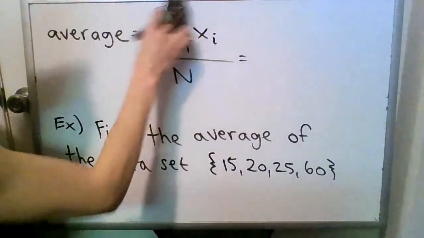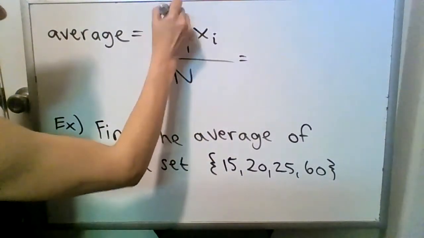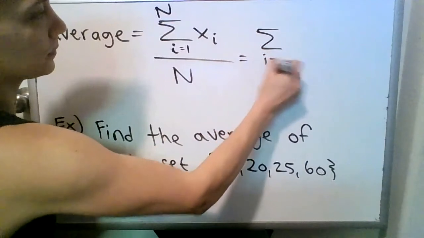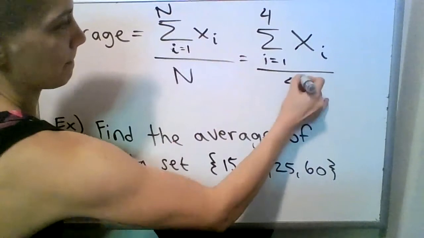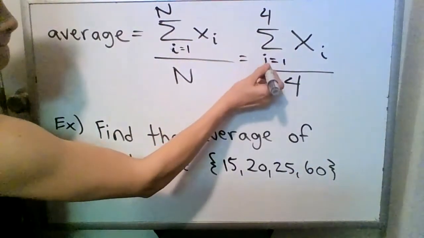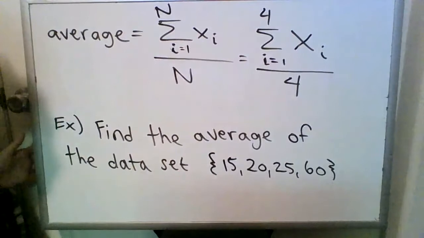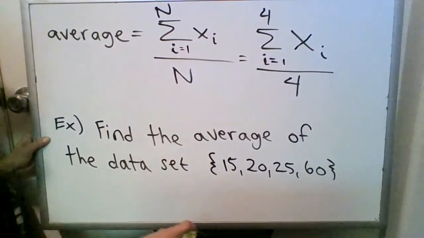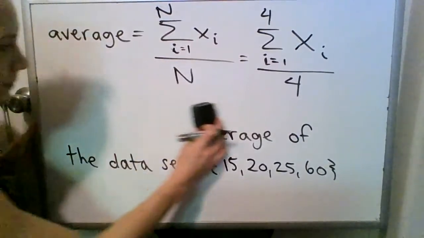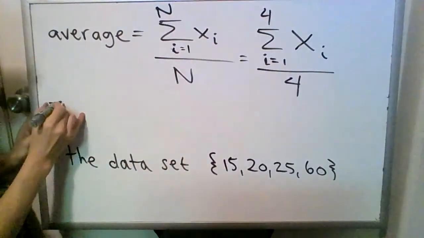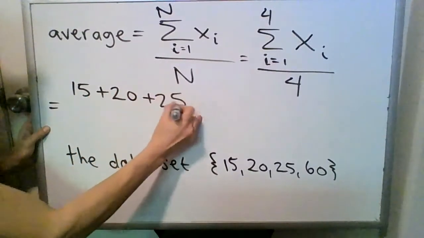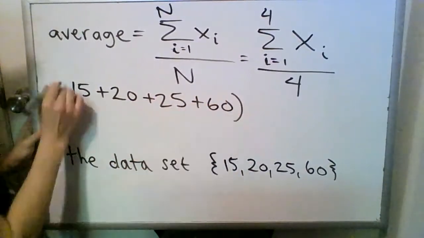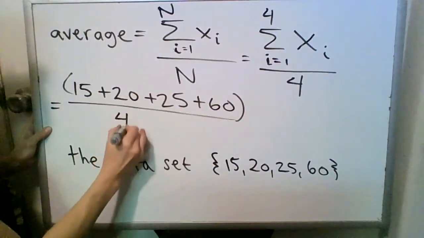Actually, we'll put this as the next slide. Okay, and then put in your x1 and x2 and x3 and x4. Add it all together. x1 is 15. Add 20. Add 25. Add 60. Divide all of that by 4.